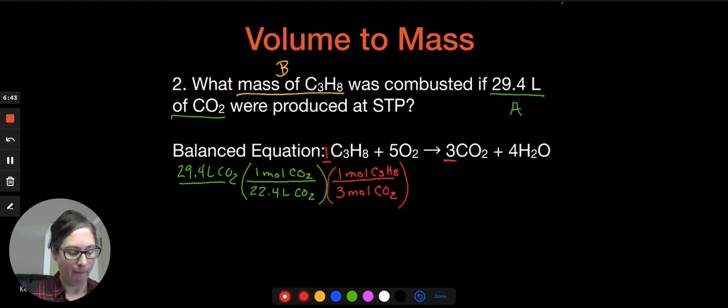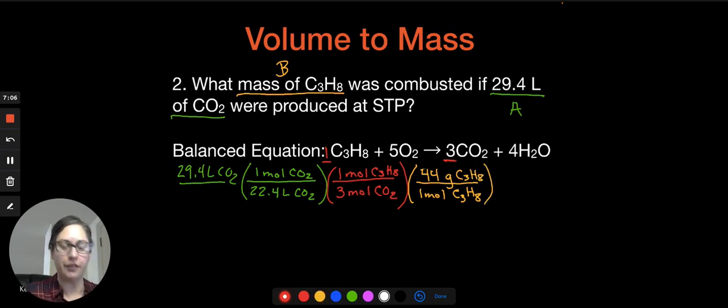Okay. And then finally we want to use our molar mass of C3H8. And we've already calculated this before, and it's 44 grams per mole. So for every 1 mole of C3H8, we have 44 grams of C3H8. Okay, let's double check that our stuff is canceling properly.